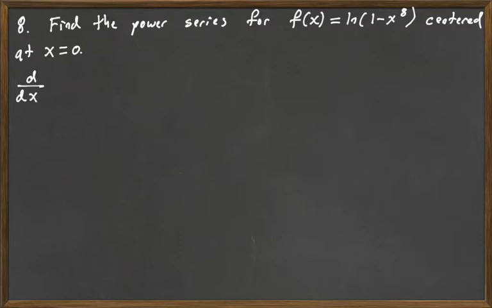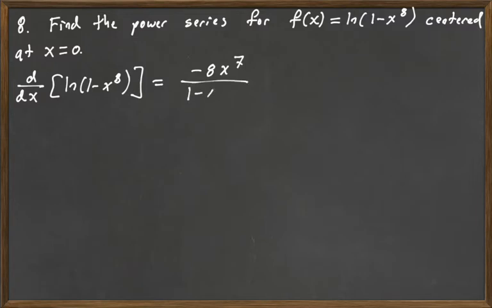And we're going to use either term by term integration or differentiation. What we're going to do is look at the derivative of the natural log of 1 minus x to the 8th. So the derivative of natural log of u is going to be u prime over u. So u prime would be negative 8x to the 7th power, and then u would be 1 minus x to the 8th, so that's just taking the derivative.